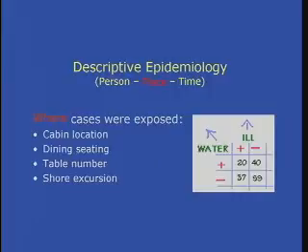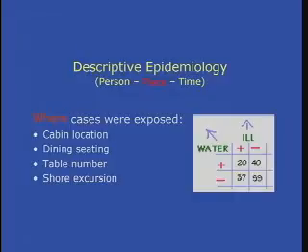Descriptive epidemiology, person, place, and time. Where cases were exposed. Essential to investigating this aspect of the outbreak are factors such as cabin locations. Do we specifically see a distribution of cases among certain cabins? Another factor might be dining room seating. Do most of the cases occur during the first or second dining room seating, or is it dispersed uniformly throughout?